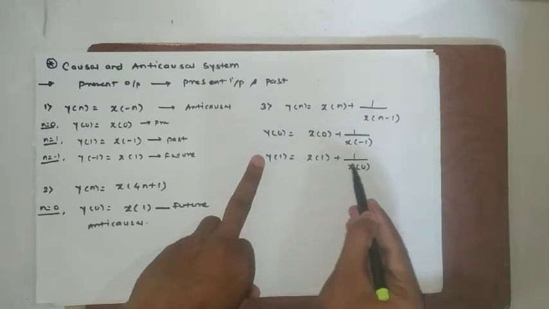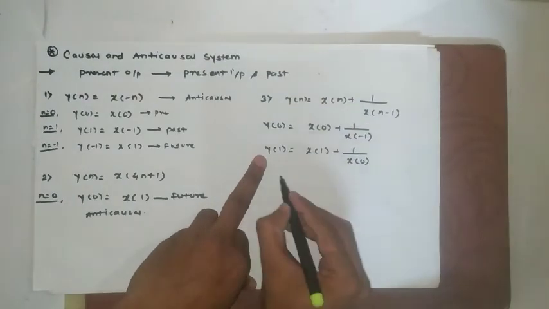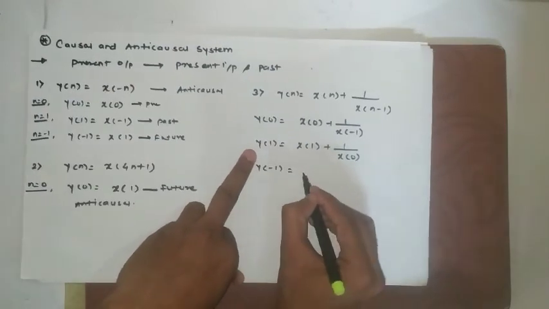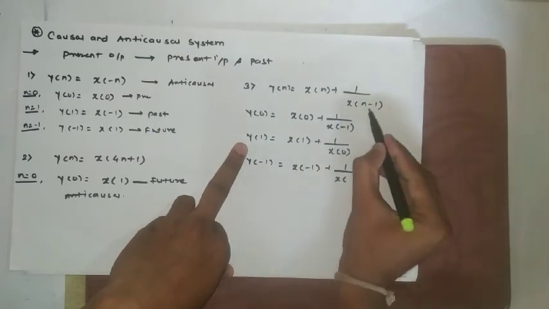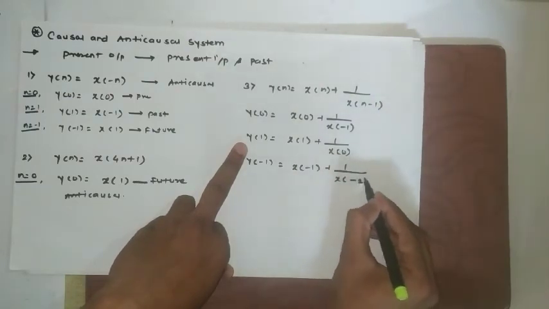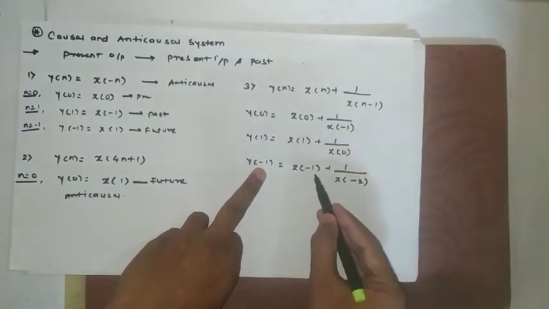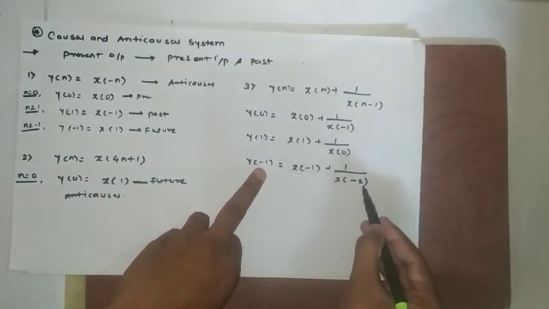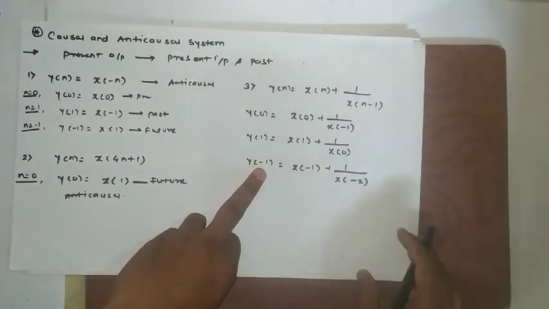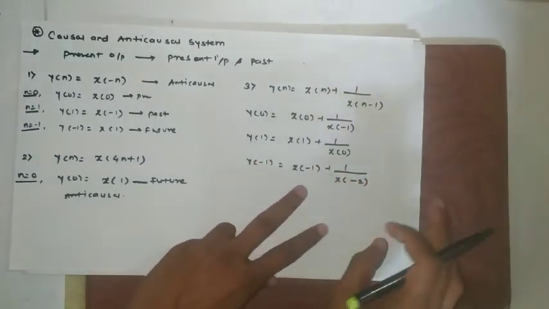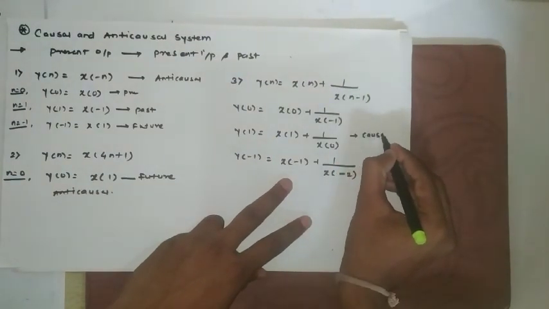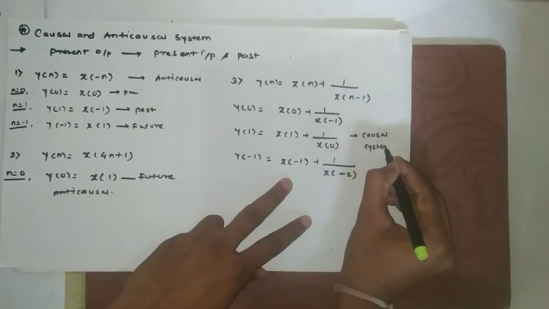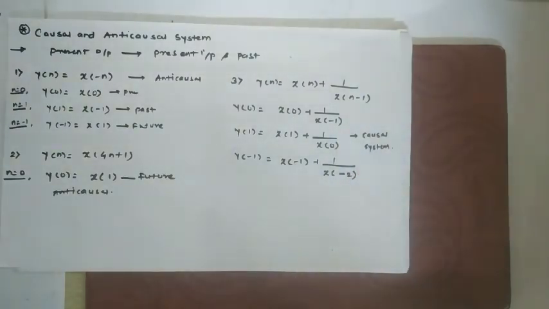So present and past. Lastly, y(-1) = x(0) / x(-2). So for -1, it is present and -2 is past. That means in all the cases the output depends upon present and past. That means this is our causal system. I hope you are getting how to identify whether the given systems are causal or anti-causal.